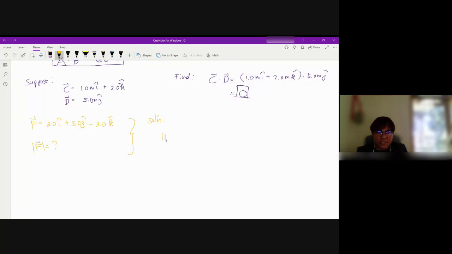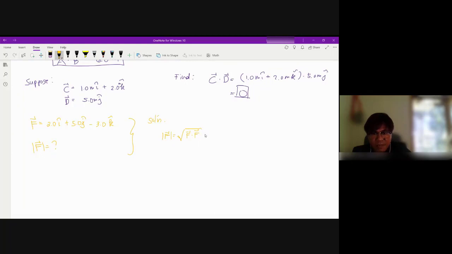Magnitude sa f is, kini nga definition, square root of f dot f.